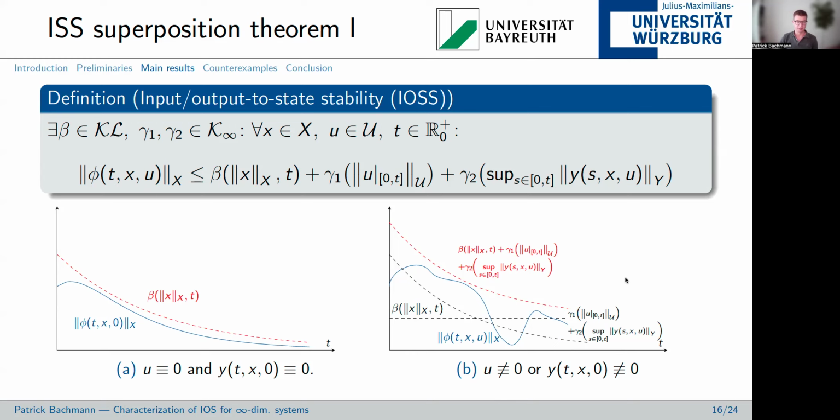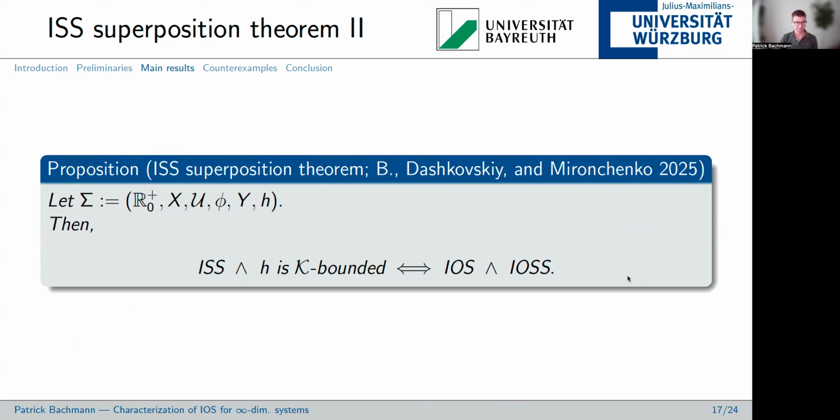Okay. And what can we achieve with this? When we have a control system with outputs, then ISS can be characterized, in the case that H is k-bounded, by input to output stability and input-output to state stability.